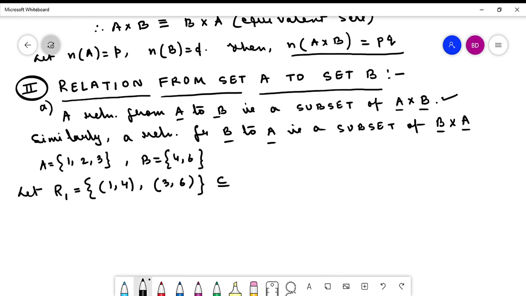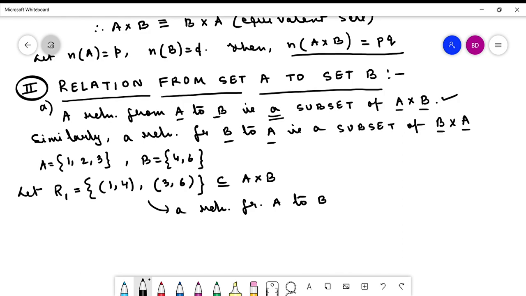Definitely this is a subset of A cross B. Then by the definition of relation from A to B, this is a relation from A to B. Any subset you choose from A cross B will be a relation from A to B.